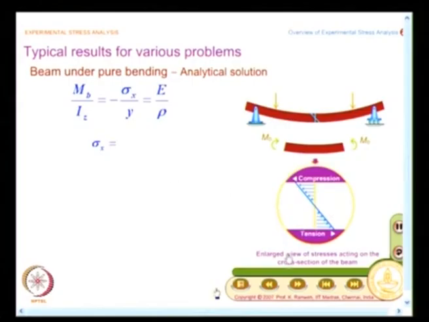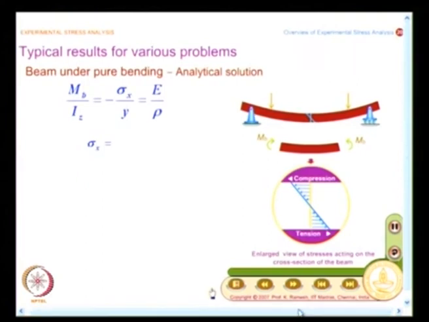You can directly write it, it is child's play. Please write down that expression, and this turns out to be sigma x equals minus M_b y by I_zz. And what you get here? You get, as a function of y, sigma x changes linearly, and you also find that sigma x is not a function of x.